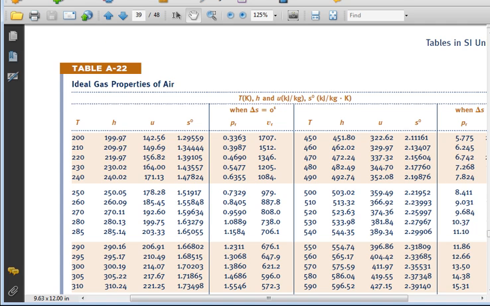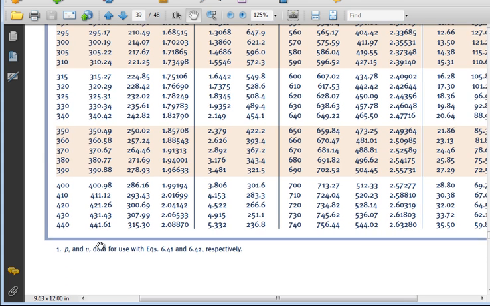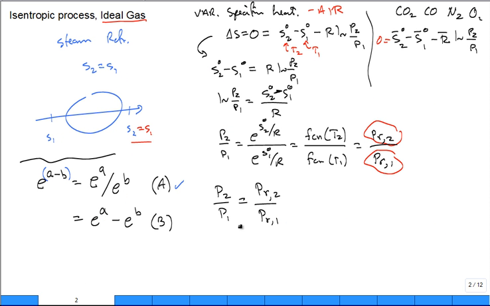Let's do this. I'm itching to see what that footnote was, so I'm going to scroll down in our table. It looks like piece of R and V sub R data for use with equations 6.41 and 6.42 respectively. That's the equation I just wrote. All right, equation 6.41 is this equation.